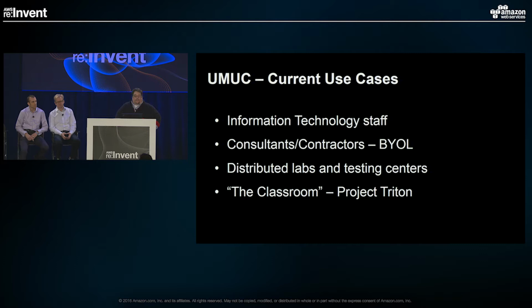Contractors and consultants, as opposed to giving them laptops or scrambling Monday morning when they show up and you didn't know they were coming, we're able to provision a workspace with the applications they would need within a matter of minutes. And then we have approximately 250 sites all around the world that have various levels of testing center and computer labs available to them.